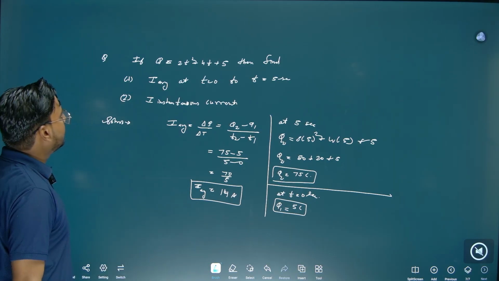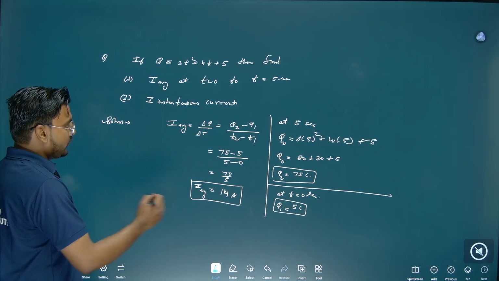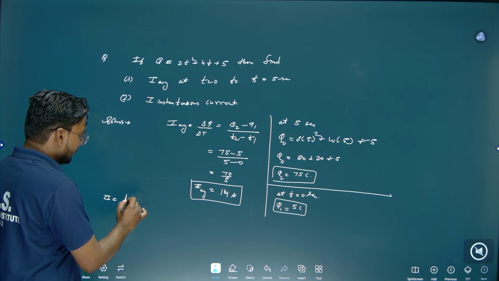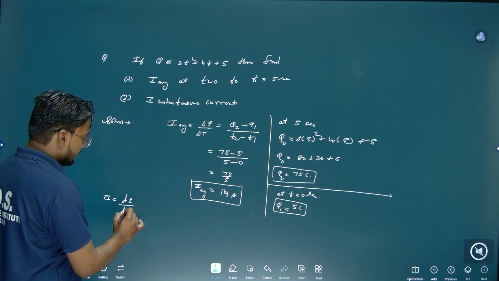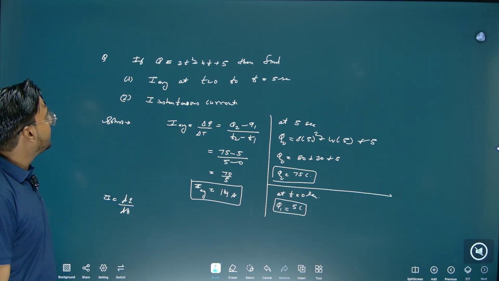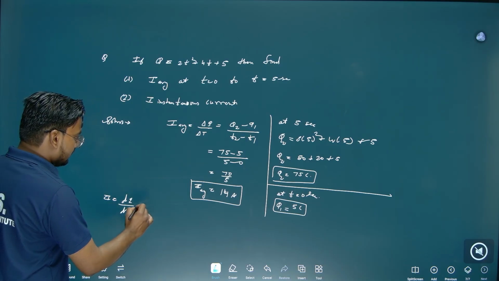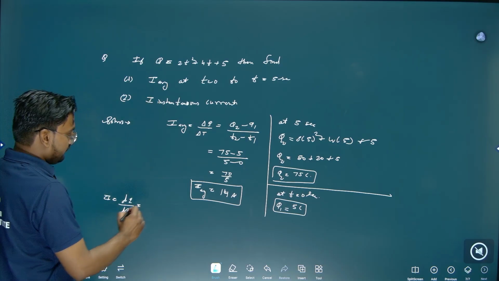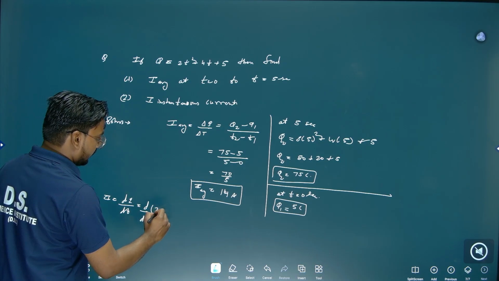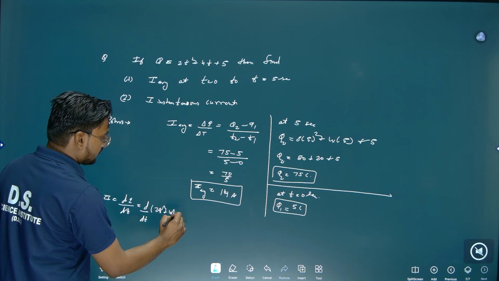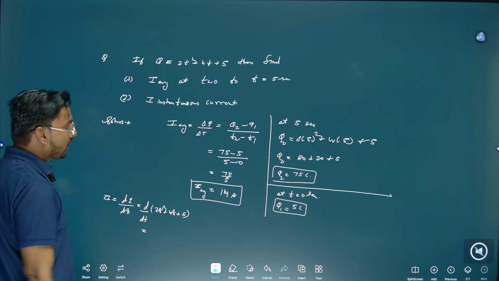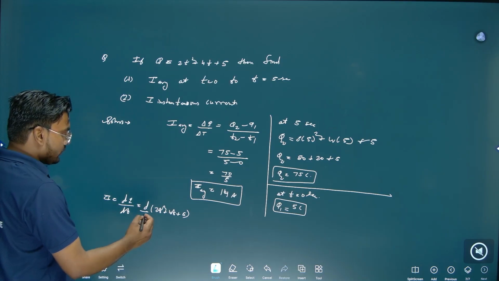Same here, we have to find the value of instantaneous current. For instantaneous current, we know the formula is dq upon dt. If the time interval is very small, then we consider dq upon dt, and we differentiate the expression 2t square plus 4t plus 5 with respect to time.